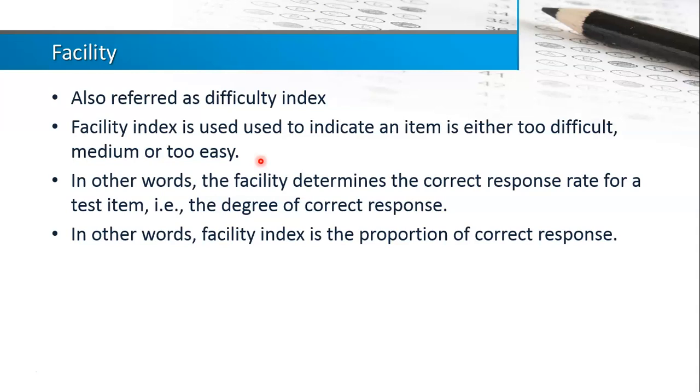Okay, so this is the formula, but you need to understand what this formula is about. The facility F is the number of students who have correctly responded in the high group plus the low group, divided by the total of the high plus low group students.